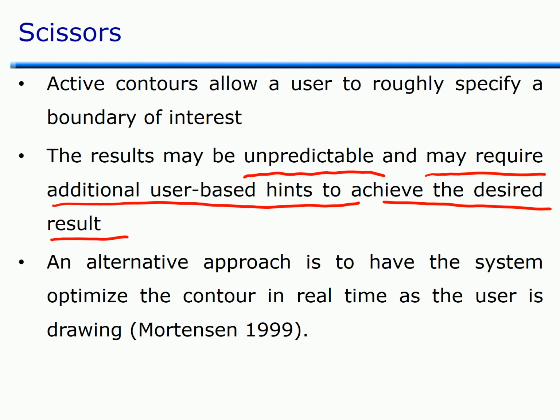An alternative approach, therefore, is to have the system optimize the contour in real time as the user is drawing. During object tracking, whenever the boundary starts deviating, the user has to provide some input so that it can follow the exact boundary of a given object.